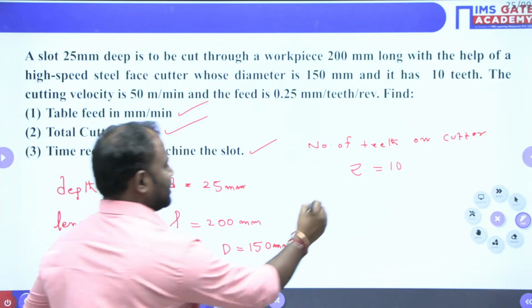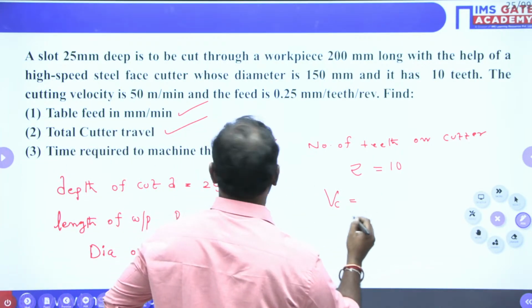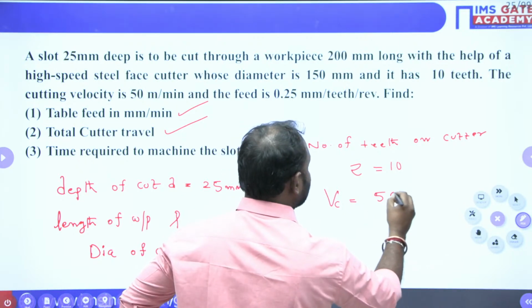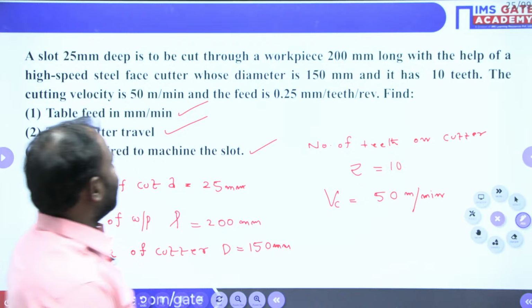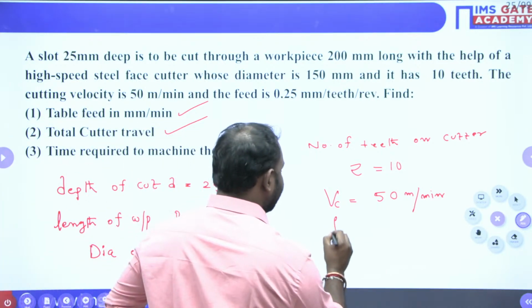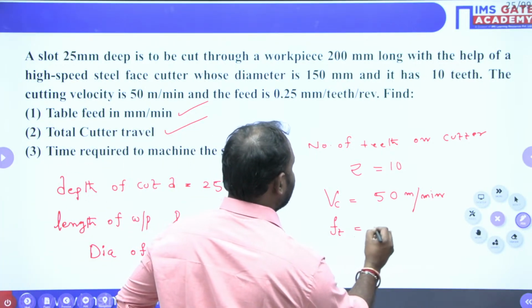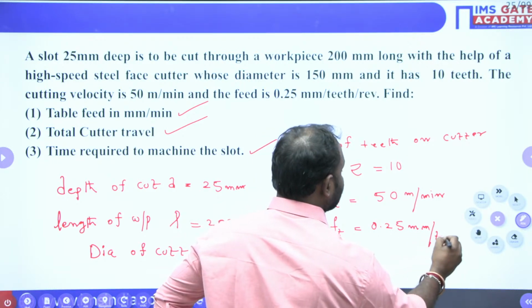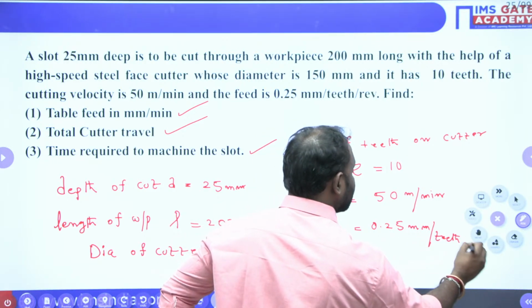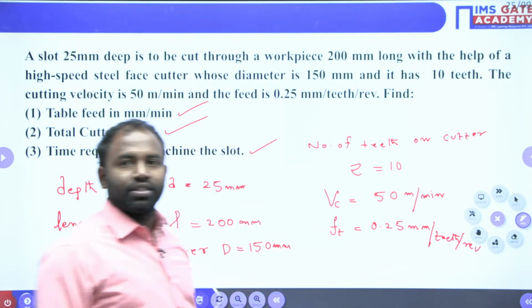Now, cutting speed or cutting velocity, both are the same, that is 50 meters per minute. And the feed per tooth FT is given as 0.25 mm per tooth per revolution. Clear, everybody?